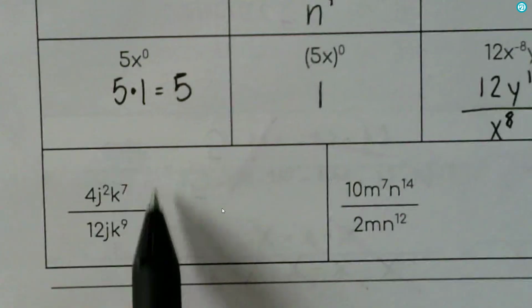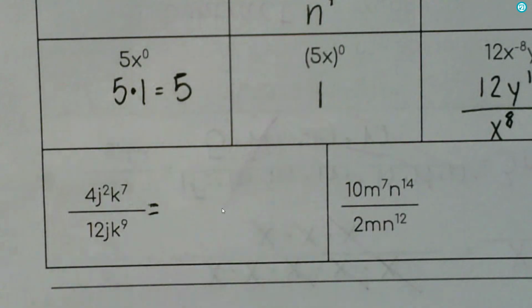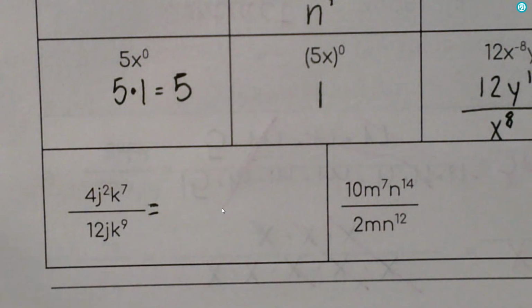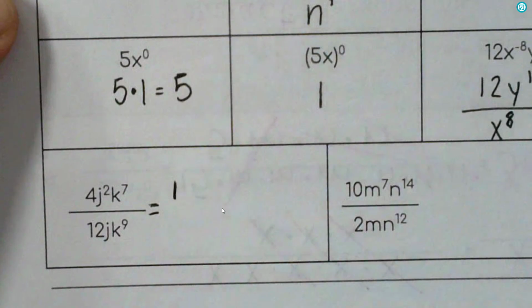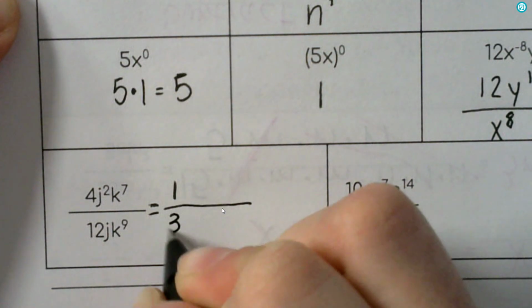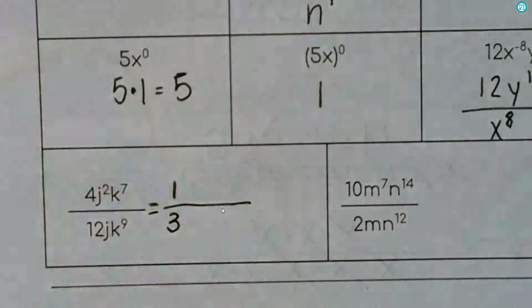If we divide the top by 2 and the bottom by 2, it'll be 2 over 6. Can we reduce 2 over 6 anymore? So yeah, we could divide it by 2 again, or we could have just divided by 4 from the beginning, okay? So if we divide the top by 4, it's going to be 1. If we divide the bottom by 4, it'll be 3. So for our coefficient, it's going to be 1/3. So instead of 4/12, it's 1/3.